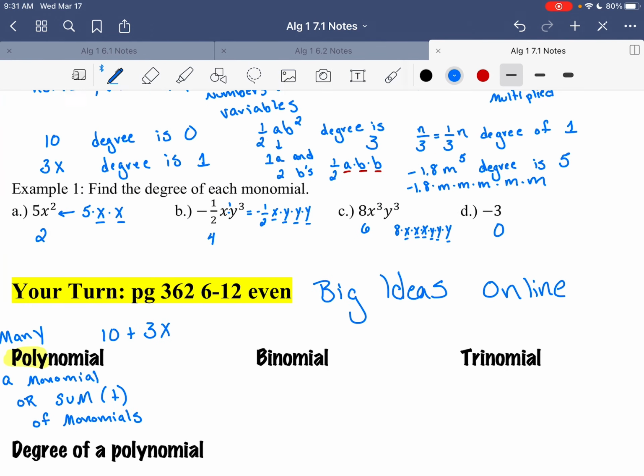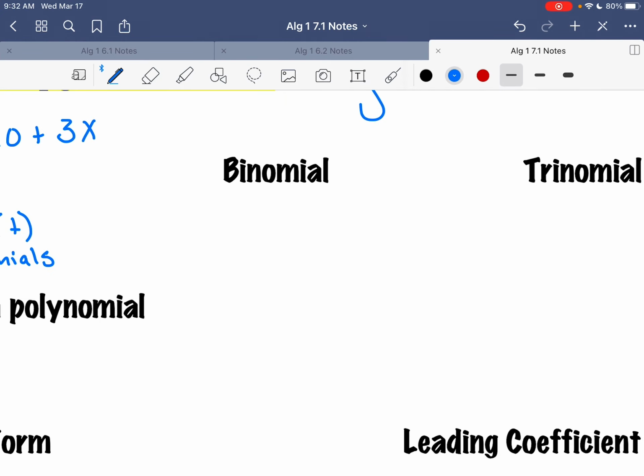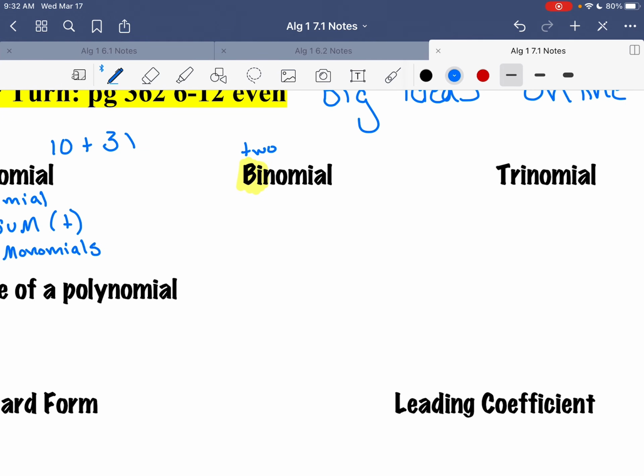Since it's only got two of them, we call it a binomial. Bi means two. So a binomial has two terms or two monomials. That 10 plus 3x was a binomial.